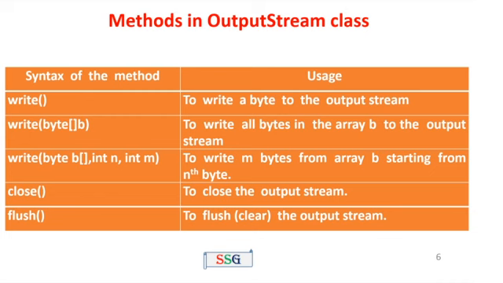That means the user writes an array of bytes to the output stream. The next one, write byte array, int n, int m, to write m bytes from the array starting from the nth byte. That means m bytes are written to the file, and the starting position is n. The next one, close, to close the output stream. Flush means to clear the output stream.